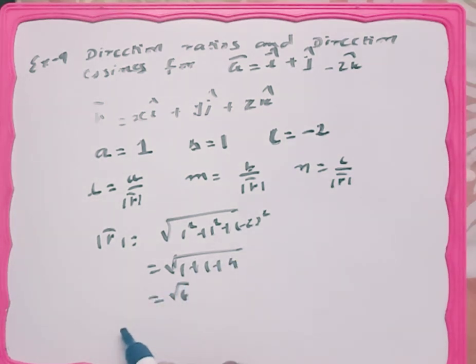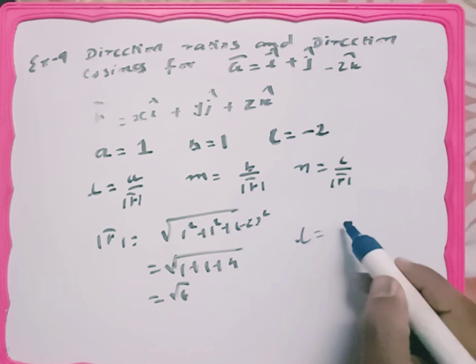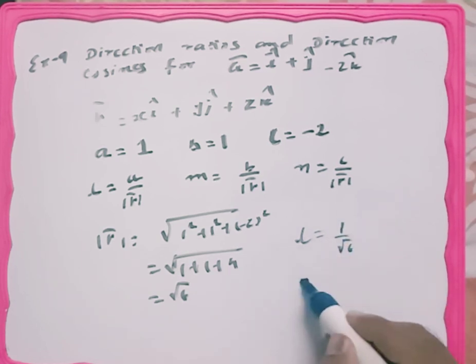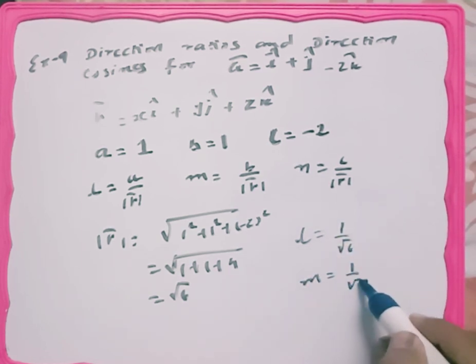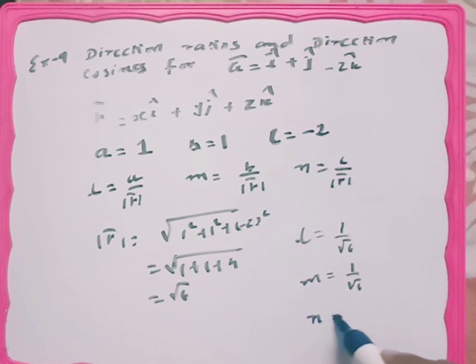And so the direction cosines are l equals 1 by root 6, m equals 1 by root 6, and n equals minus 2 by root 6.